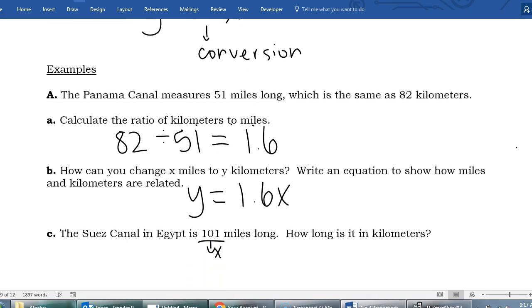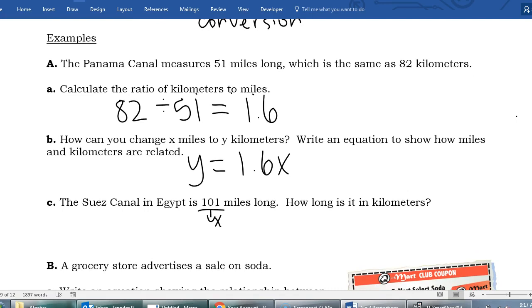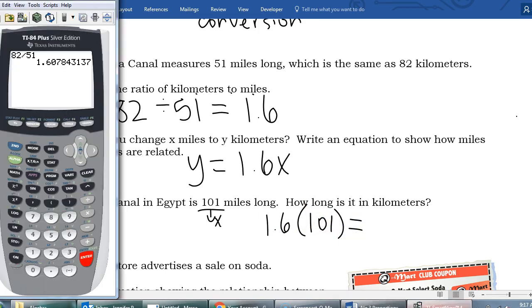All I have to do is multiply. I don't have to set up a proportion, cross multiply, divide, throw in that extra 1. I just need 1.6 times 101, and that'll tell me how long it is in kilometers, or kilometres, depending on if you're a Canadian. 1.6 times 101 tells me the Suez Canal is 161.6 km.